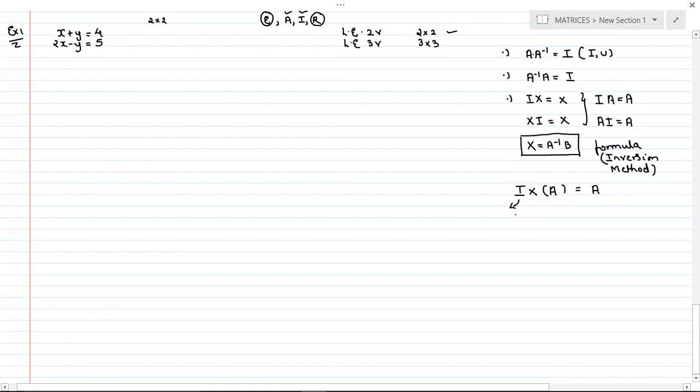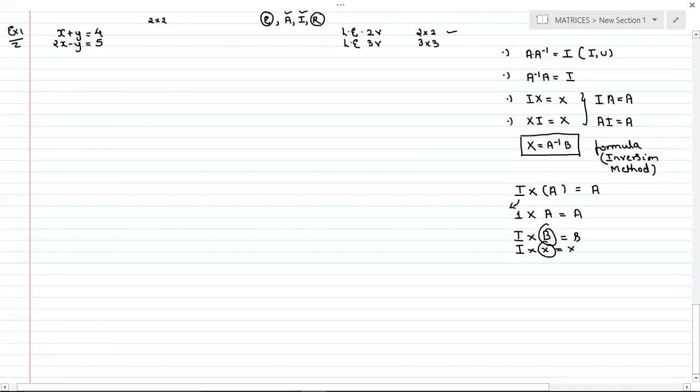What do you mean by unit matrix? Unit means one. Whenever we multiply one to any number, you will get that same term. Yes or no? Same case here also. Whether I into A is there, I into B is there, I into X is there, you will get that alphabet. Understood? Okay, so that is your third formula.